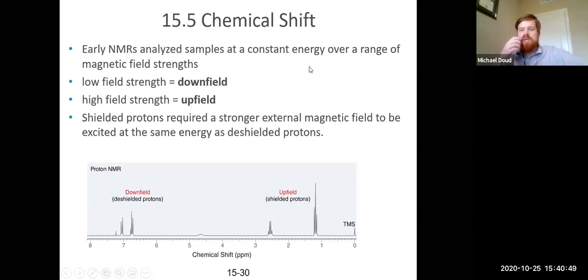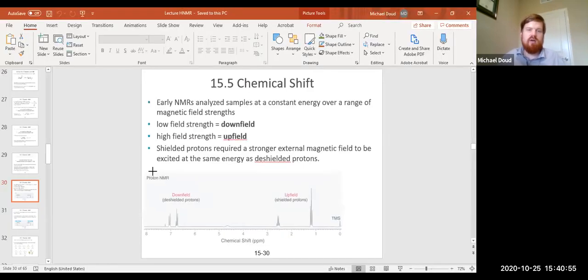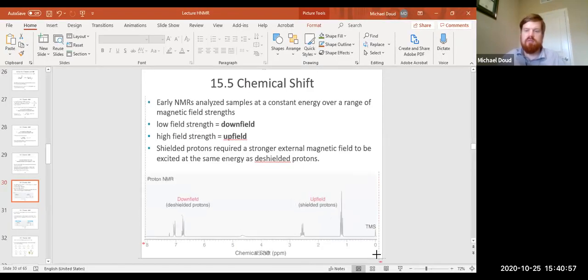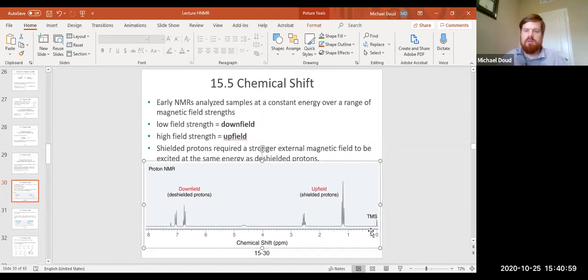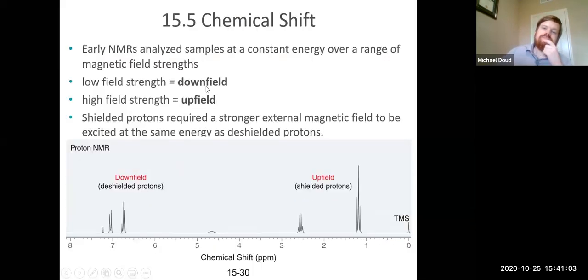Okay, now this is what a spectrum on a proton NMR actually looks like. Let me make this a little bigger on the screen so we can see it a little better. There we go. Basically, if your shift occurs at low field strength, that's what we call downfield, and that's on the left side. If it occurs at high field strength, close to the TMS, that's what we call upfield.